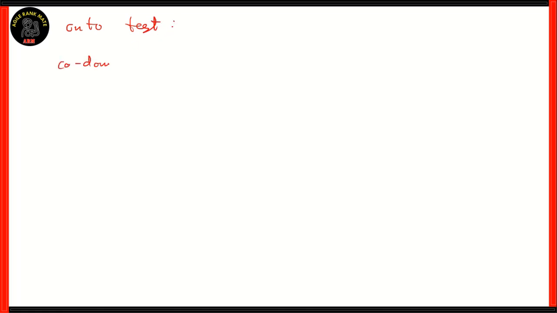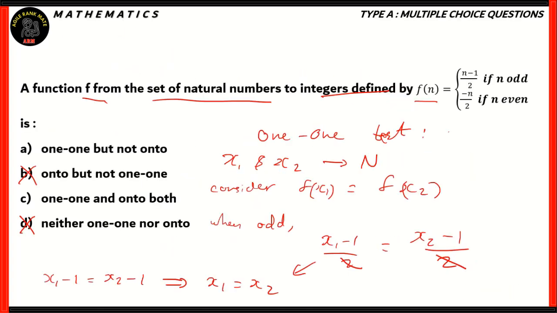Now let's look at the codomain of the function. All right. If we look at it, the question says a function f is defined from the set of natural numbers to the set of integers. So basically, the set of integers turns out to be our codomain.